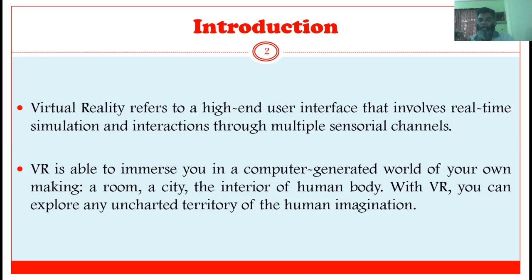The effect is commonly created by VR headsets consisting of a head-mounted display with a small screen in front of the eyes, but can also be created through specially designed rooms with multiple large screens.